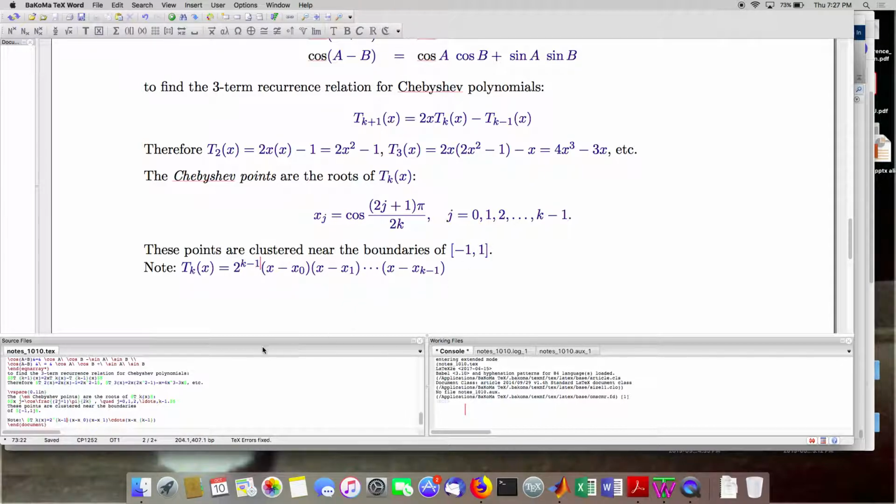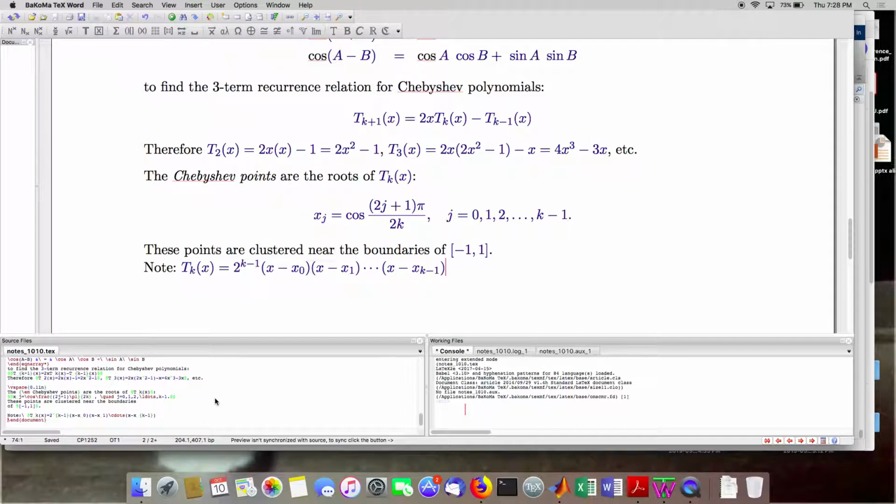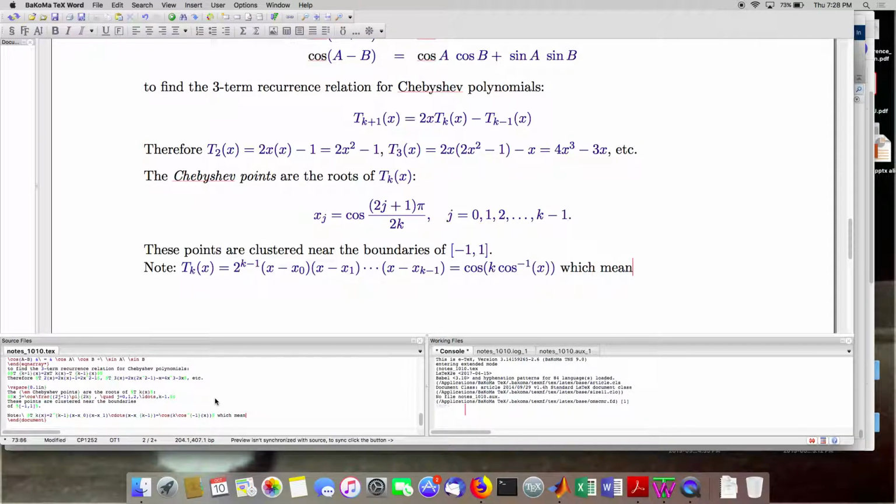Now, we also need to keep in mind that this is equal to cosine of k inverse cosine of x. So what do we know about cosine? Because what we care about is how large this can get. How large can cosine get? 1.